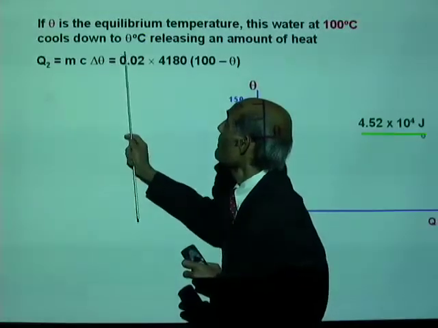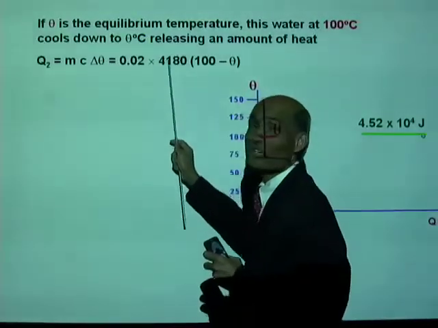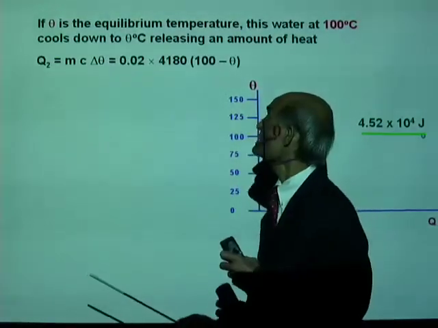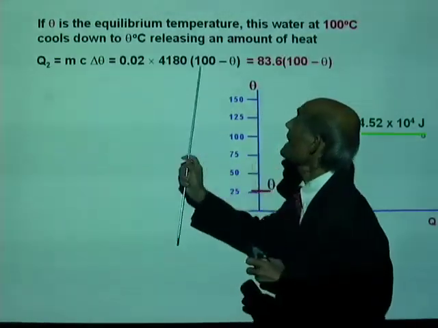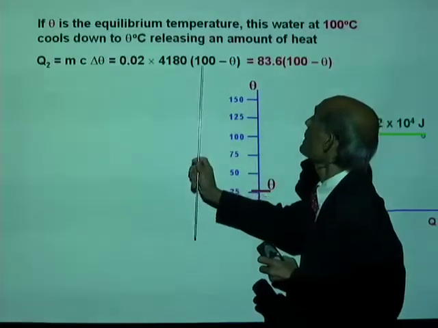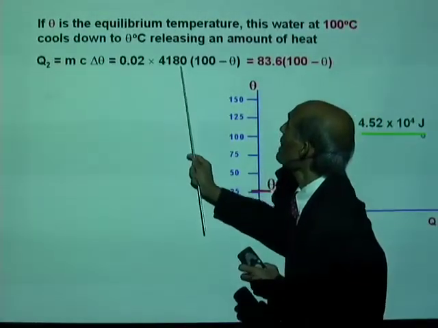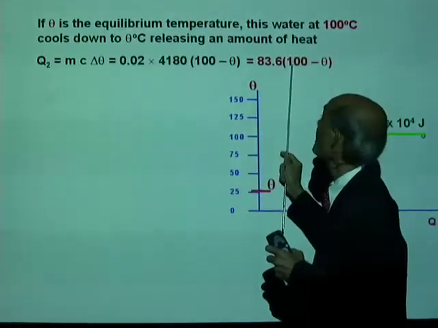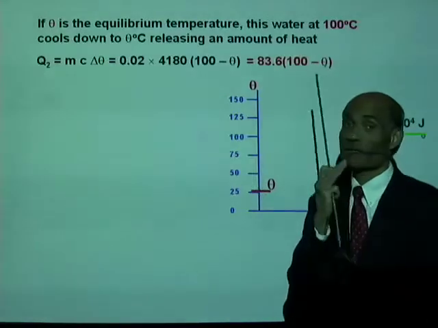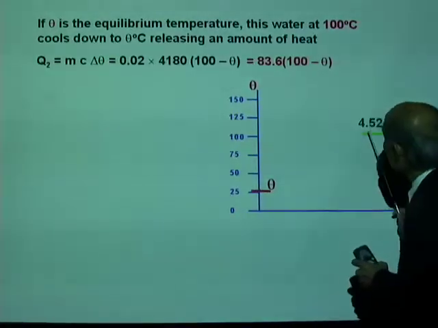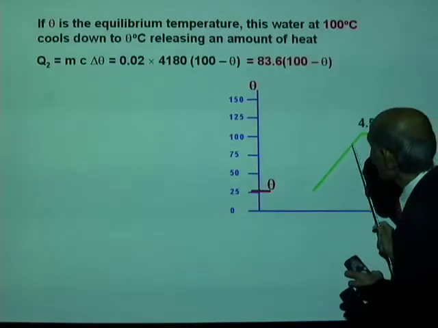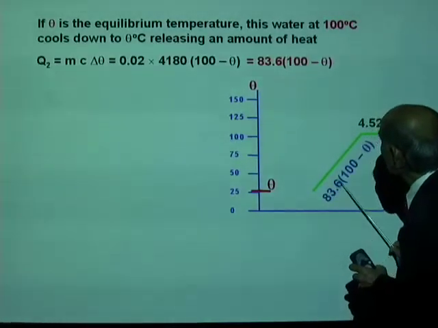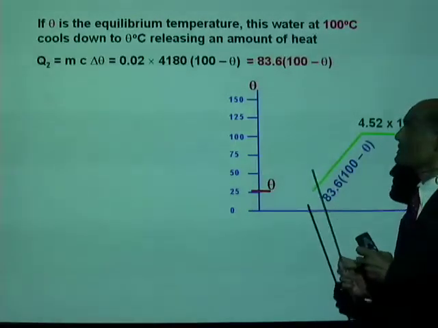So that will be mass times specific heat times the change in temperature, 100 minus theta, and I calculated that as 0.02 times 4180, which is 83.6, times 100 minus theta. That is the heat released during that stage. There you are. It's from here to here. That is 83.6 times 100 minus theta.